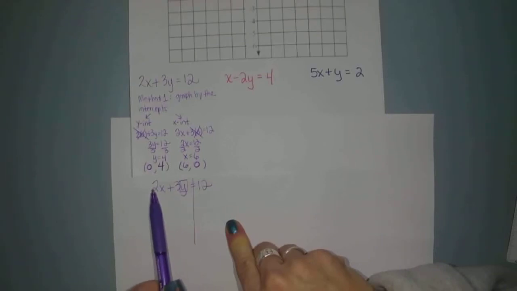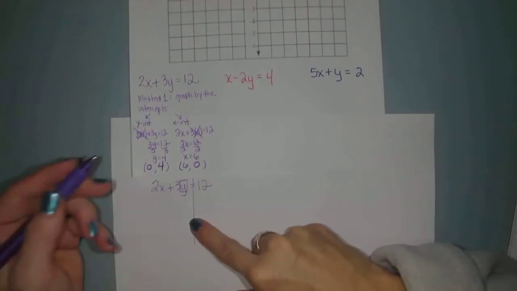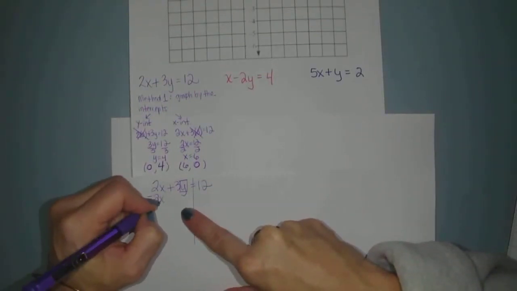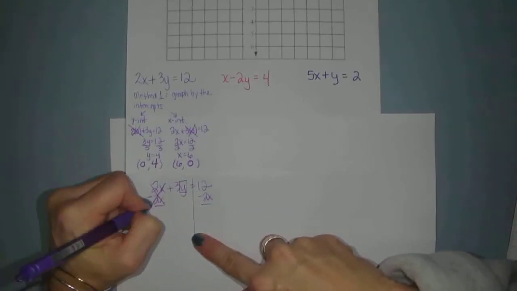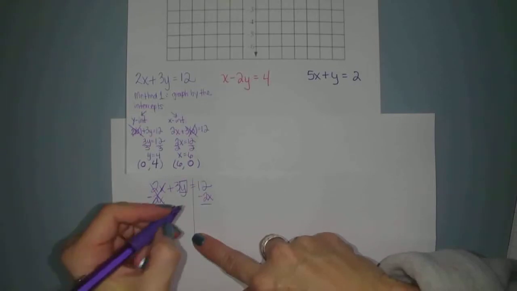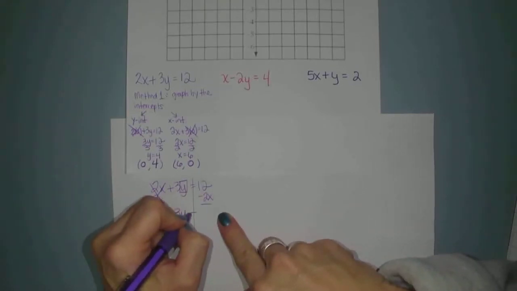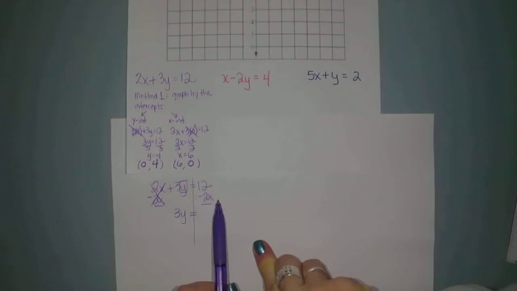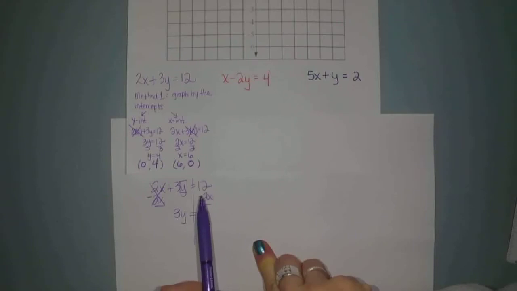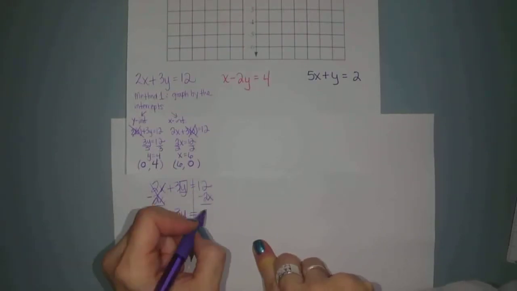So let's first pick up the 2x and move that to the other side. We're going to subtract 2x from both sides. These are going to cancel, and I'm going to have 3y equals. Now, I could write this as 12 minus 2x, but I'm not, because I know where we're headed. I'm going to put the x term first, so I'm going to write negative 2x plus 12.